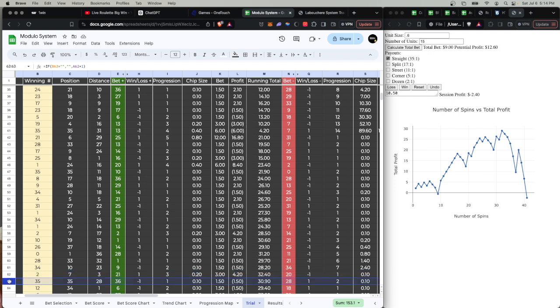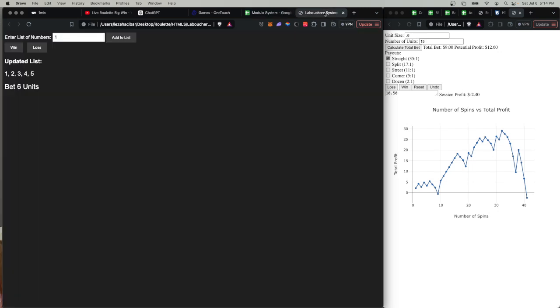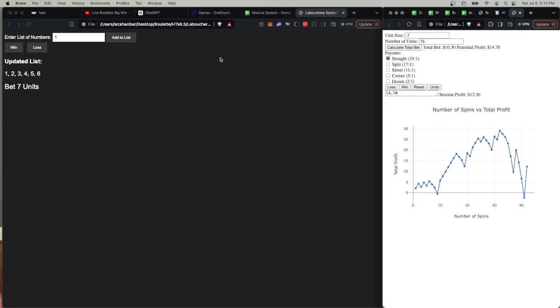And now we're here on the negative side. And we lost. So now we're on a 7-unit bet. And we win. We win. So we stay on a 7-unit bet.